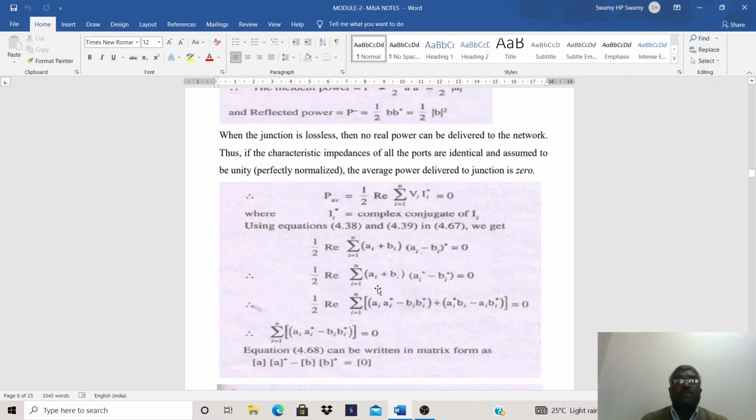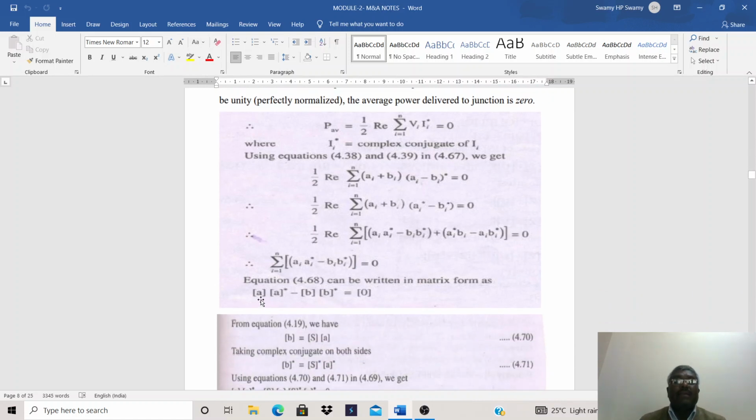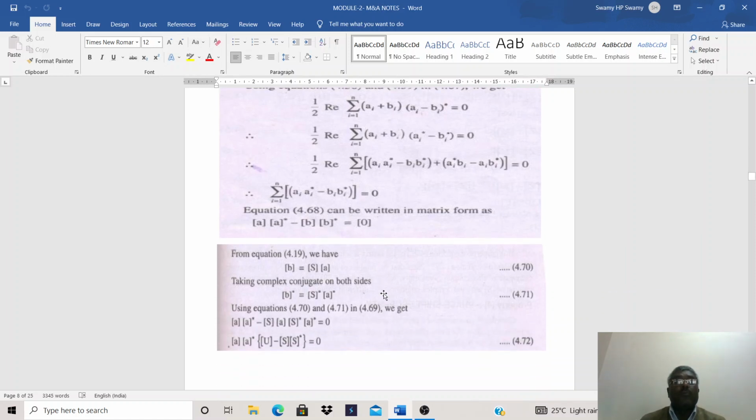Using these equations, 1/2 Re, you substitute (ai + bi)(ai - bi)* in the above equation, which equals 0. After simplifying, you get a* a - b* b = 0. So b = S a.